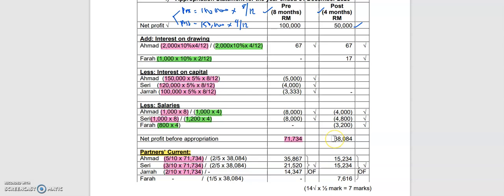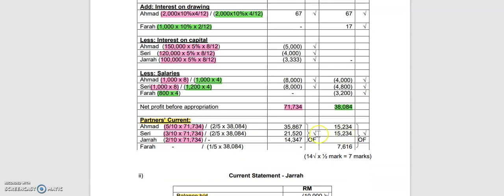So overall, in total, you have net profit of 38,084 ringgit before the appropriation. So as usual, divide the profit to whom? The partners who are still remaining during the post period. They are Ahmad, Seri and Farah using the new profit sharing ratio. And don't forget, again, to transfer this value to the current statement.